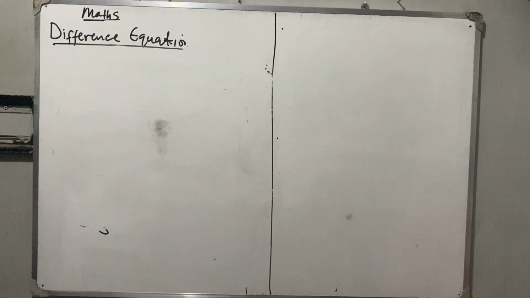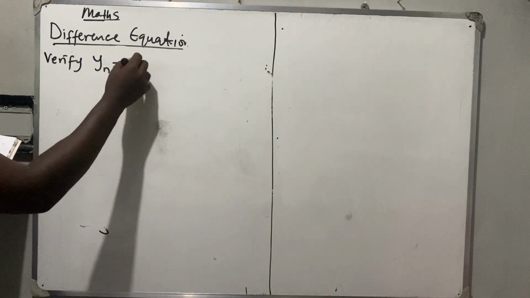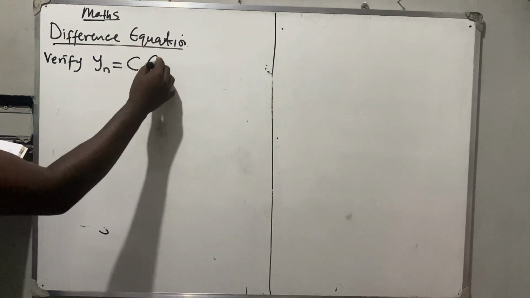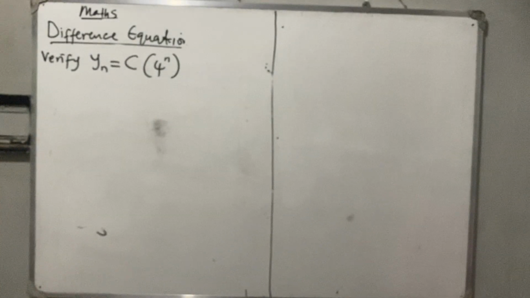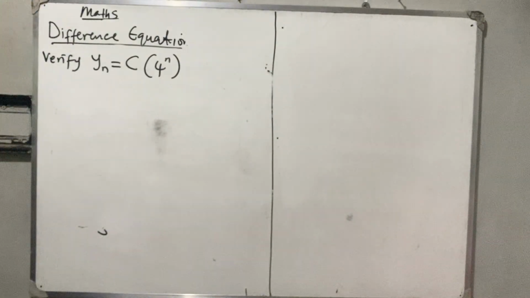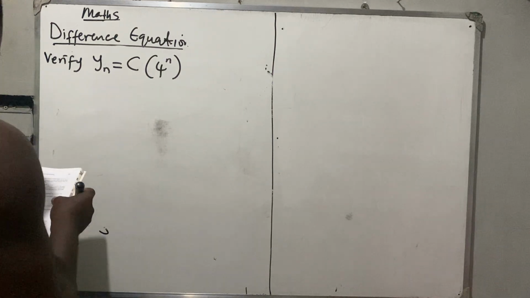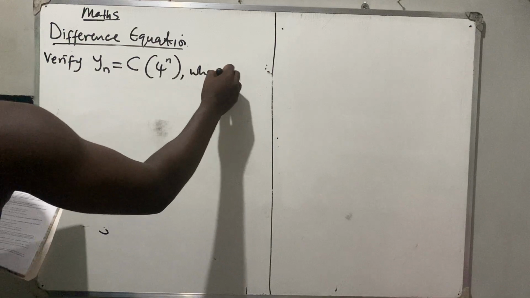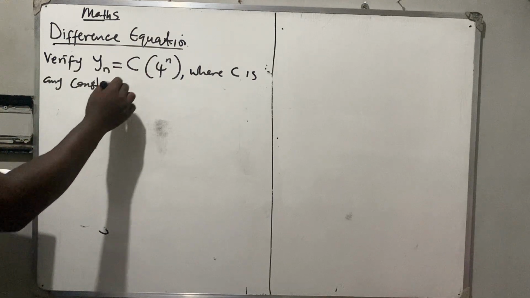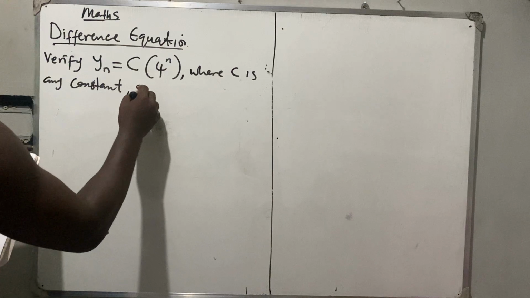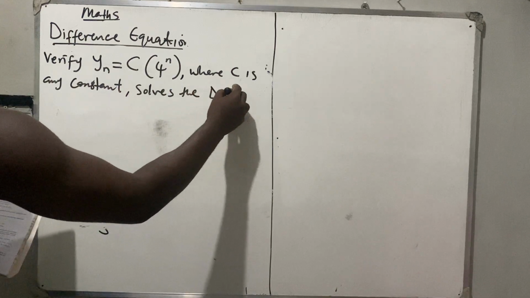So the next question said we should verify that yn, which is equal to C in bracket of 4 raised to power n, where C is any constant, solves the difference equation.